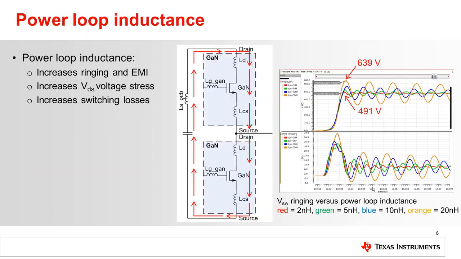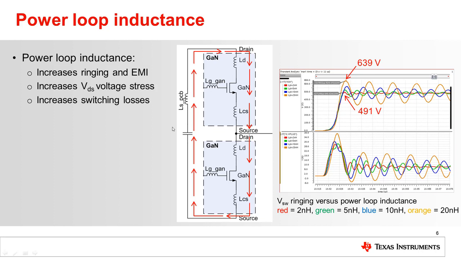As the common source inductance and gate loop inductance are taken care of by our TI-GaN's integrated package, the power loop inductance is the inductance we need to pay attention to while designing the PCB layout. The power loop inductance is the inductance in the high-frequency power loop, which is shown on the right.